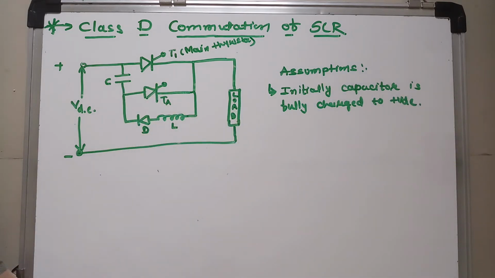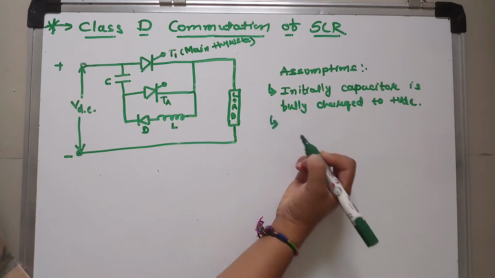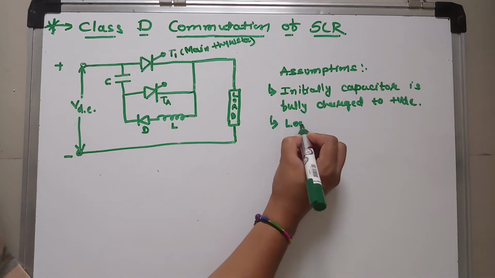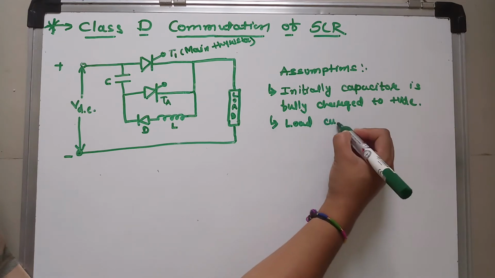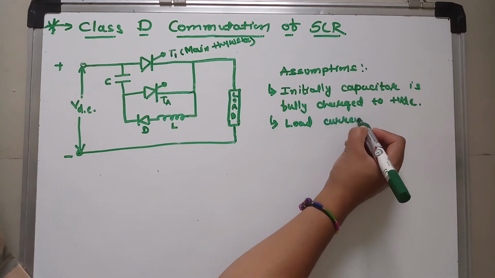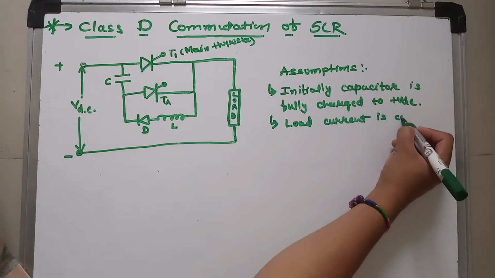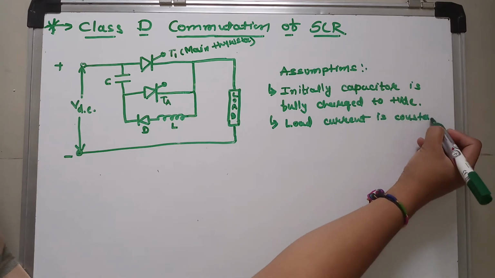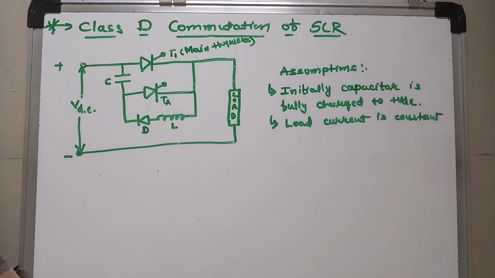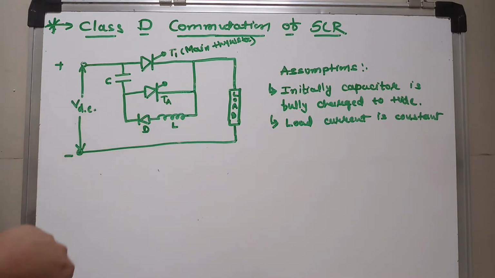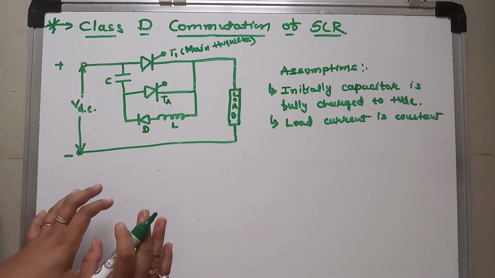Another assumption is that the load current is constant. These are the assumptions we take before learning the working of the Class D commutation. Now let's start to understand the working.